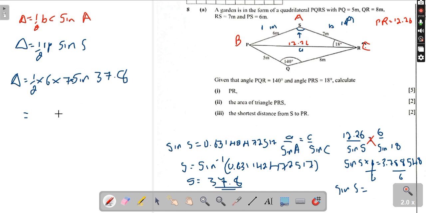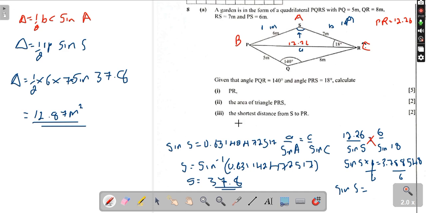It's giving me 12.87 square meters. So that's the area of triangle PRS.